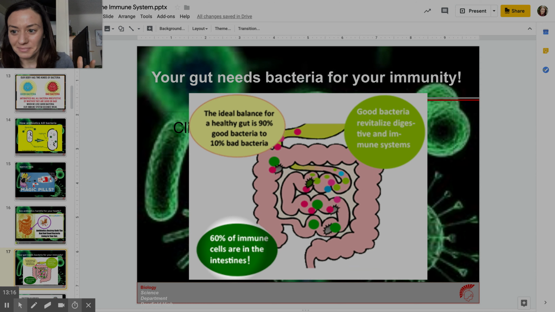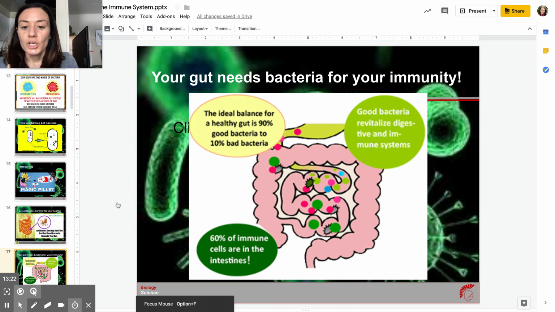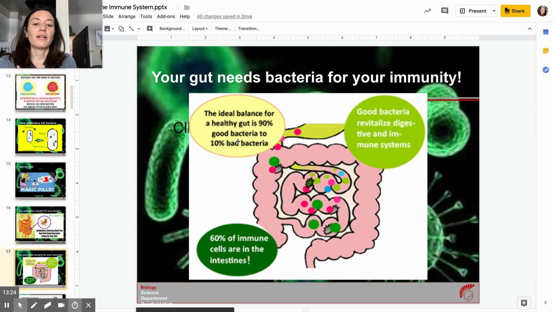You get it? Okay. Good bacteria, that's what it does. So the ideal balance for your gut health is 90% good bacteria to 10% bad bacteria. All right. So it's actually okay to even have a little bad bacteria in your gut.